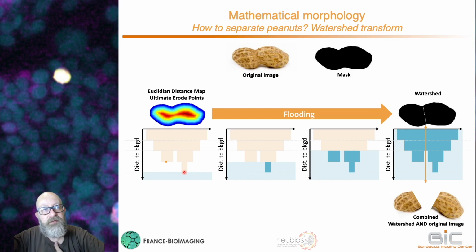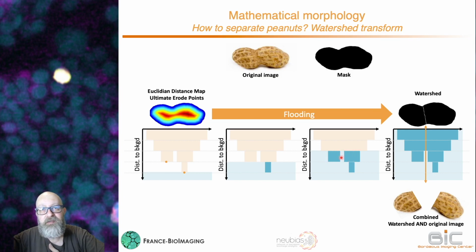The water will find the first peak and try to get into the first mountain here. If you add water, the water will jump in the first basin and in the second basin. And if you repeat the operation, at some point, the two basins that are separated here will merge.